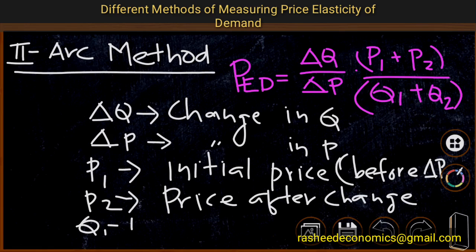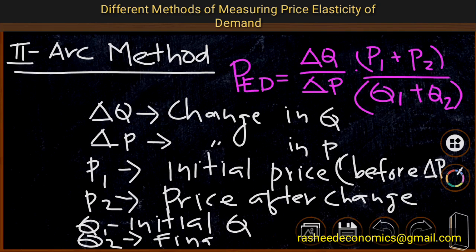Q1 is the initial quantity, and Q2 is the final quantity, or quantity after the change in price of the commodity. These are the terms connected with the measurement of elasticity of demand using the arc method.